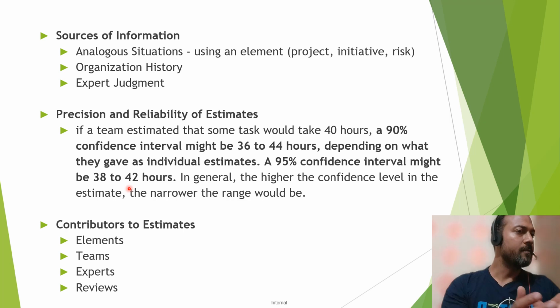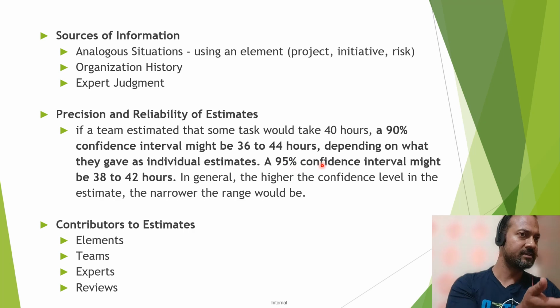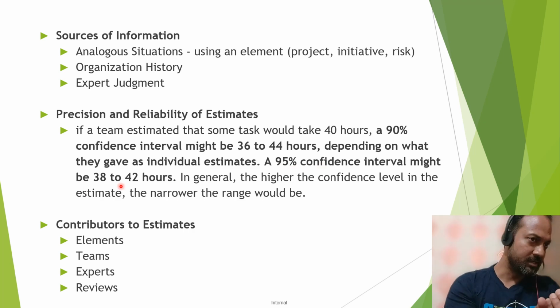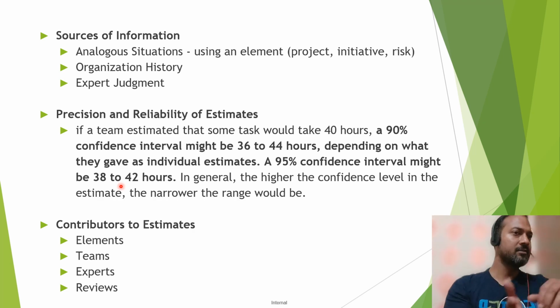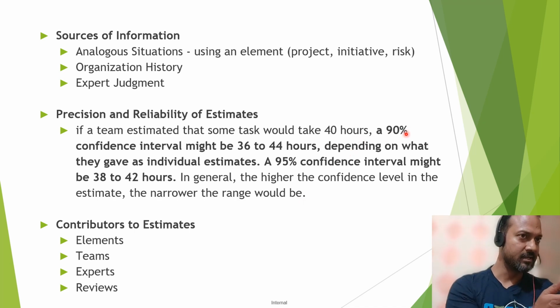So as the confidence level is higher, let's say 97, 98, then you are very close to the estimate. The higher the confidence level, the narrower the range would be. In the first case, at 90%, it is a wide range, 36 to 44.